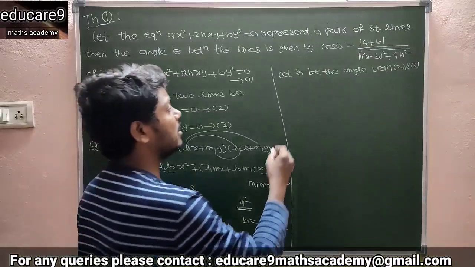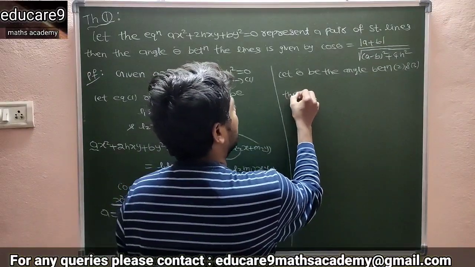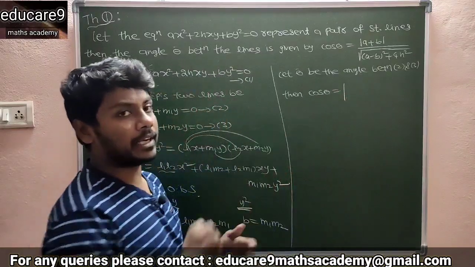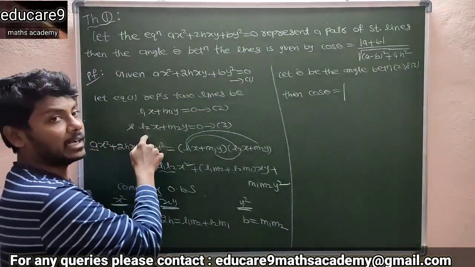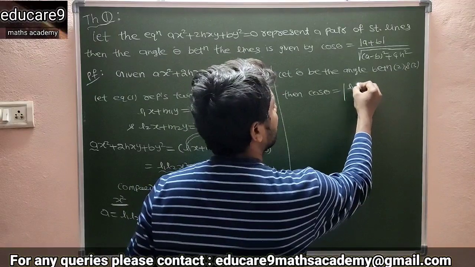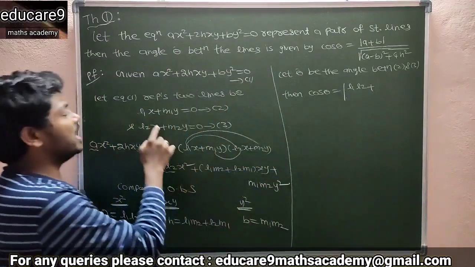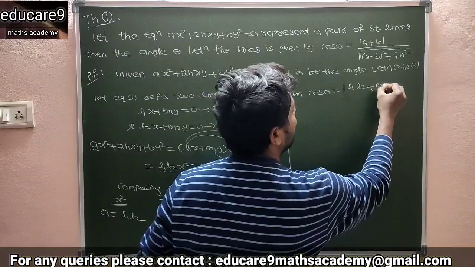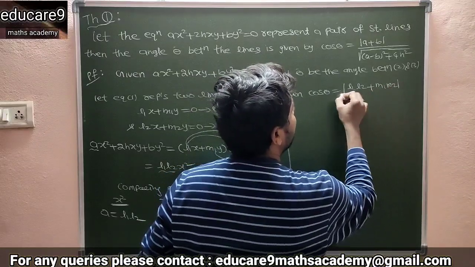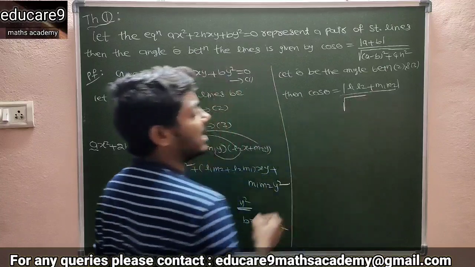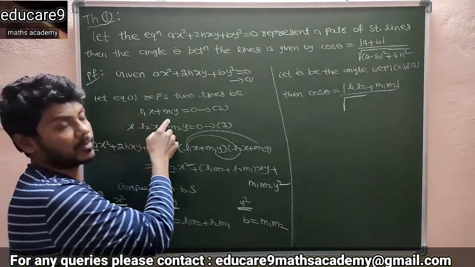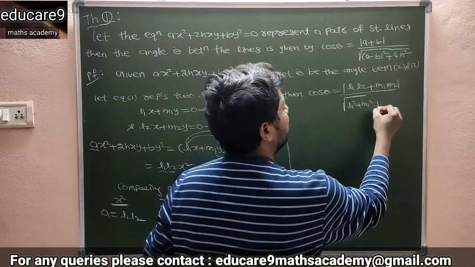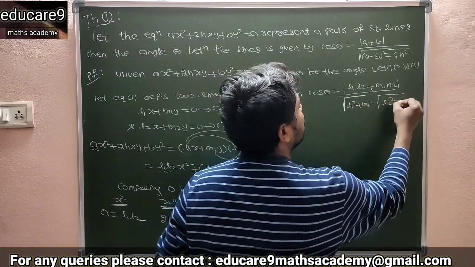Then cos theta is equal to, the formula is A1 A2, so here L1 L2, plus B1 B2, that is M1 M2, divided by square root of A1 square plus B1 square, that is L1 square plus M1 square, into square root of L2 square plus M2 square.